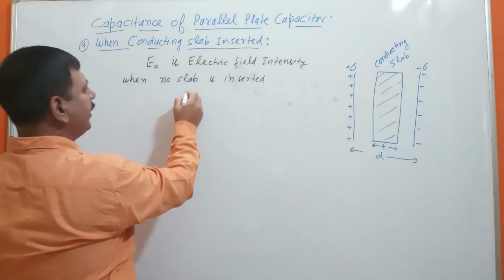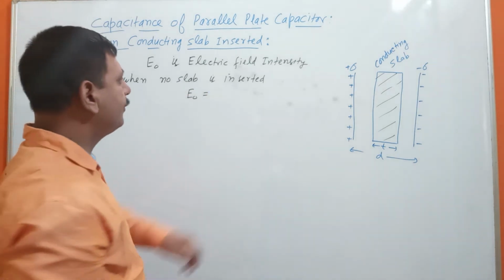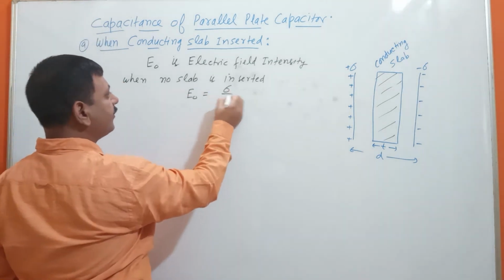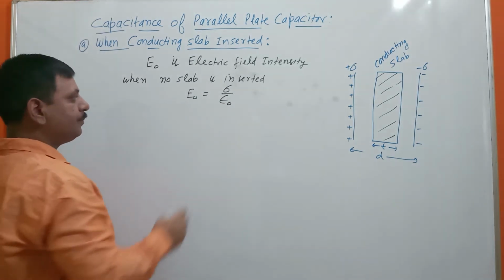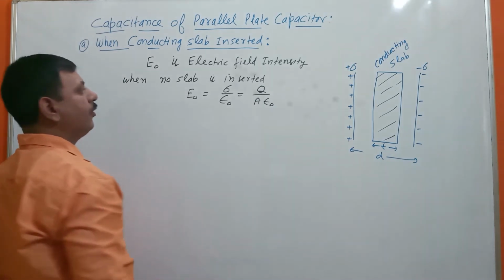What is the value of E naught? The electric field inside, I have told you, is sigma upon epsilon naught, or Q upon A epsilon naught.